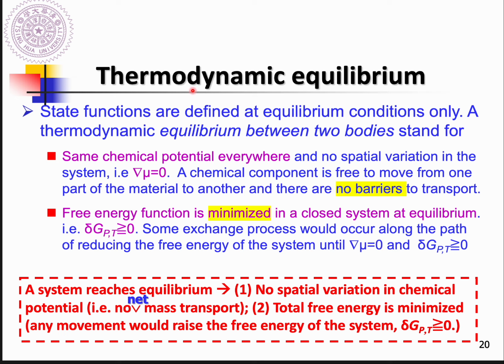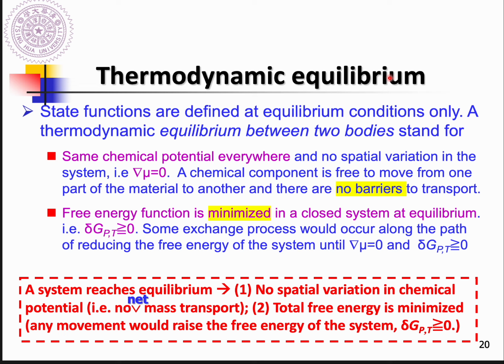So the thermodynamic equilibrium, we already defined that in a previous slide, but in order to explain the difference between the equilibrium and steady state, I put a similar slide here and want to highlight some important parts.